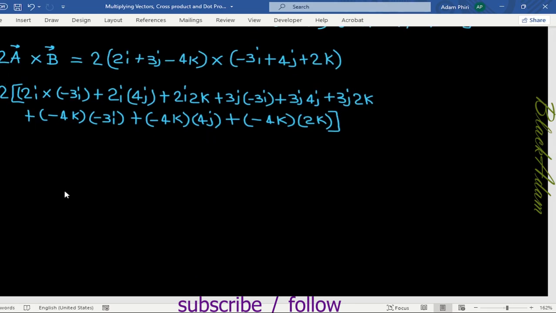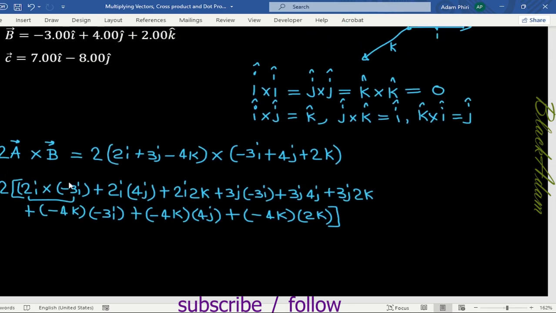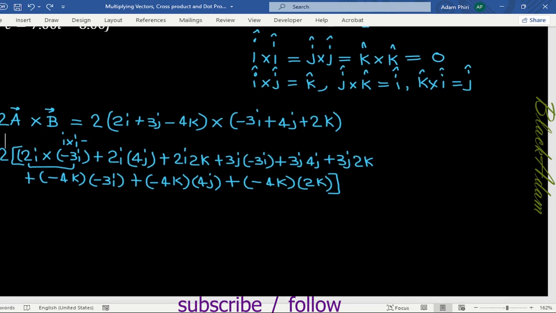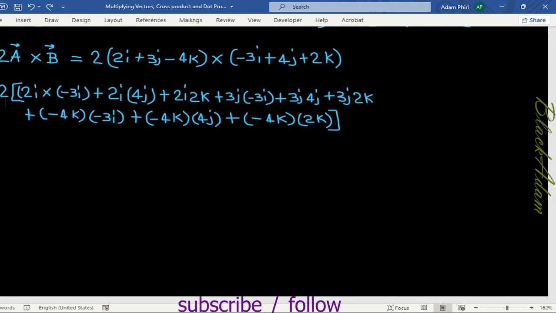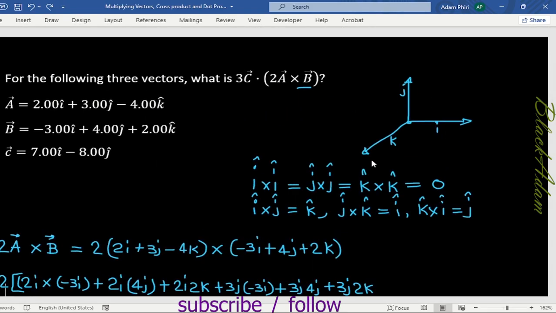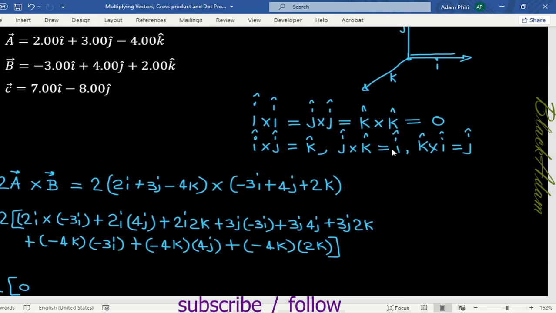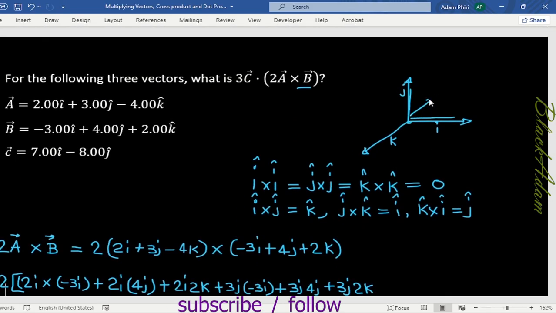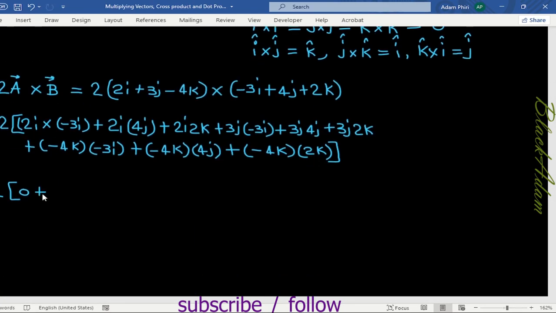So right now we need to find the signs. The vector 2i multiplied by 3i, i cross i, that's 0, so it carries no sign. And then we have 2i and 4j, so we need the angle between them, and that's going to be positive. The sign is considered by which direction of the y it is.